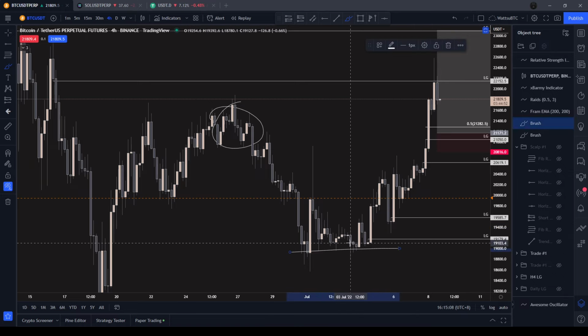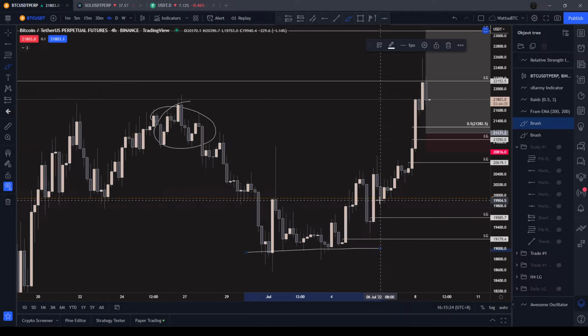We didn't see any trade right here, so it made no sense to rush into a trade without our confirmations that we are indeed going up.